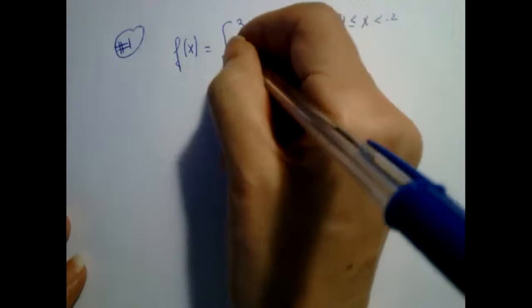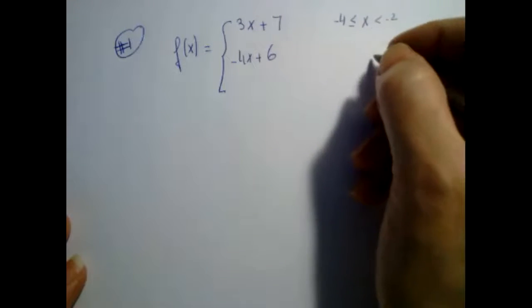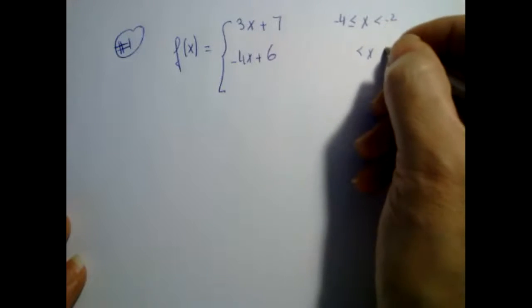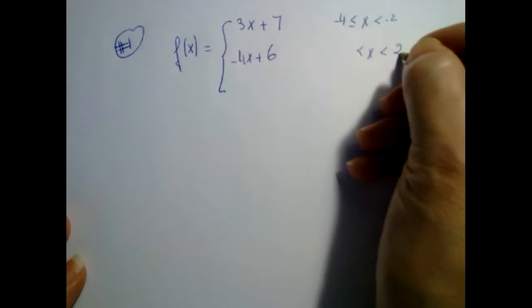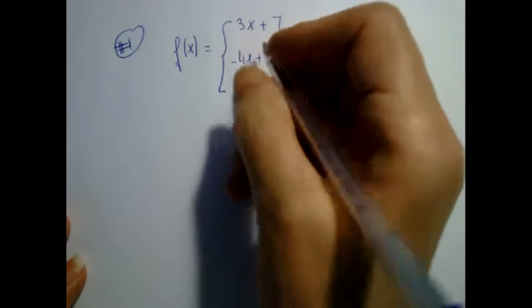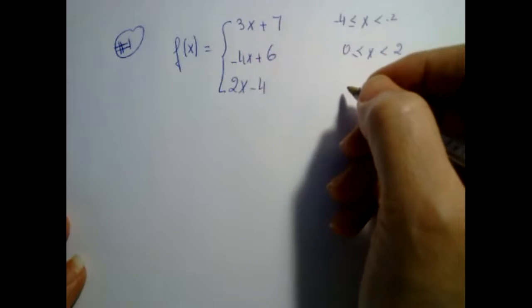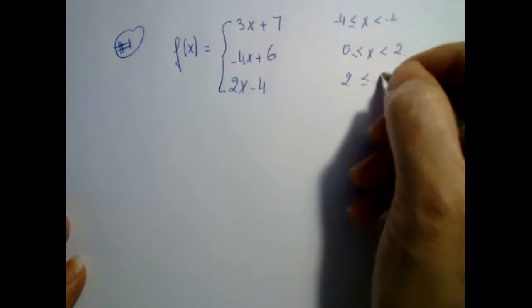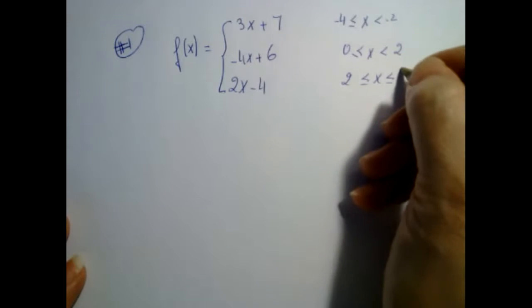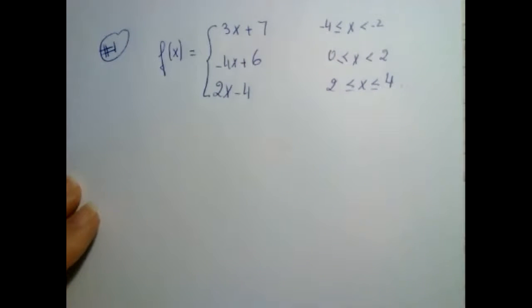And then we have -4x plus 6 between 0 and 2. And then we have 2x minus 4 between 2 and 4. Okay, so that's the question from the book.